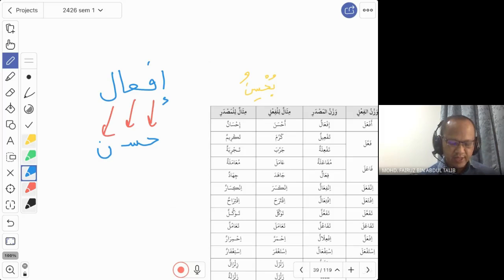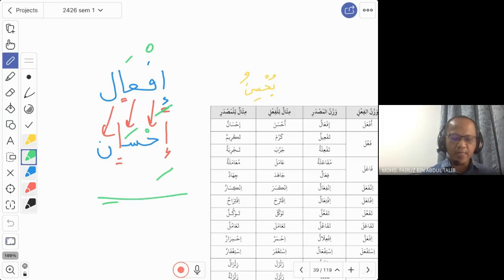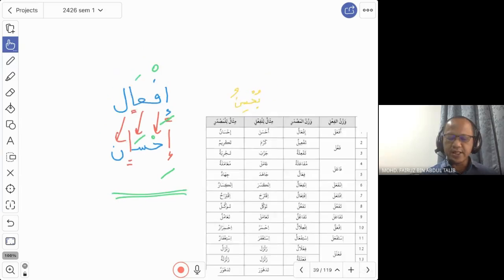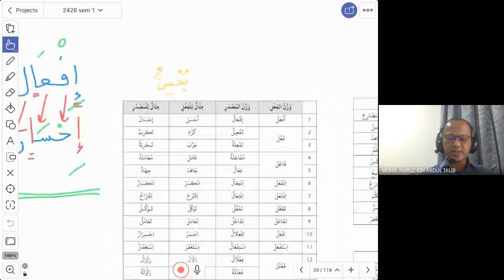Okay, so what do you do next? You add whatever additional letters you have in the wazan to the fi'il. So here the hamza and then the alif are additional letters, you add them to the word itself. And then you follow the harakat. So the wazan is if'al, and the word now is ihsan. So this is your masdar.